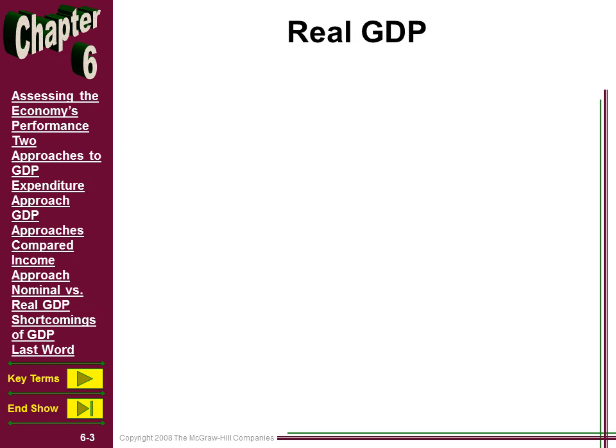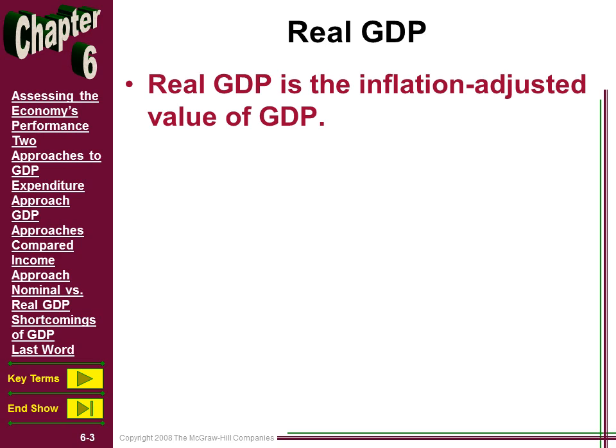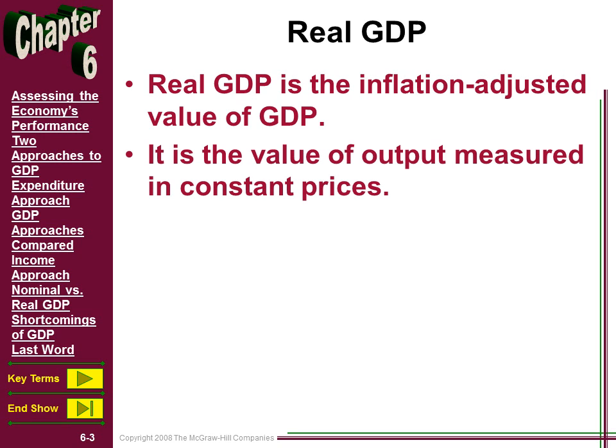Well, first of all, this is called real GDP, right? Economic output which has been adjusted for inflation or changes in the price level is referred to as real GDP. So the numbers on the previous slide, we can think about those as nominal GDP. Nominal GDP means economic output which has not been adjusted for changes in the price level.